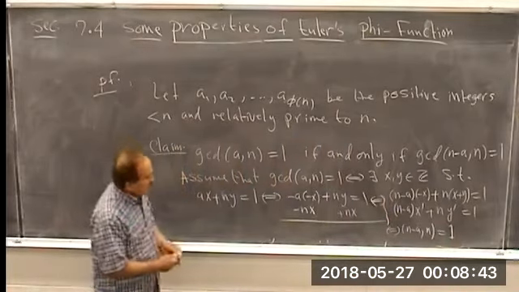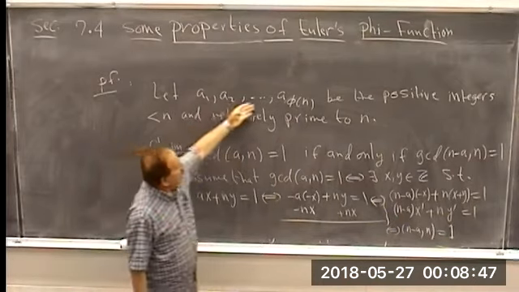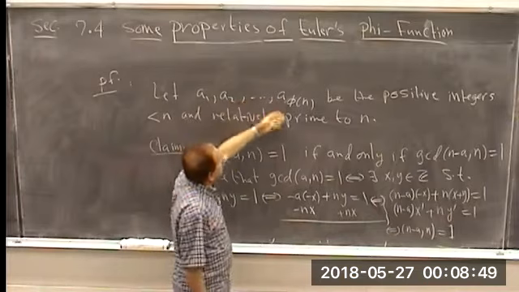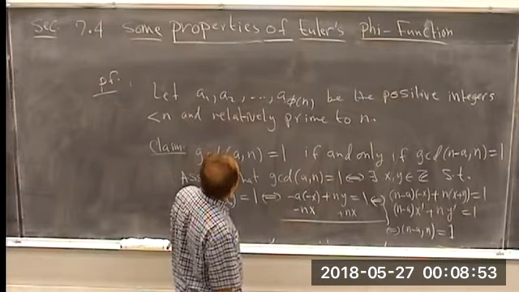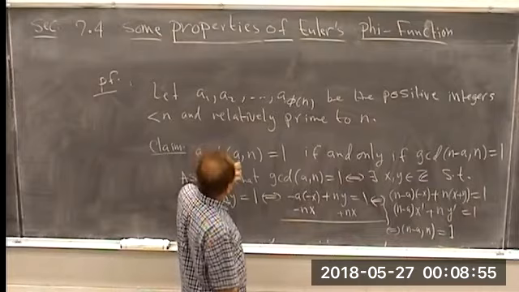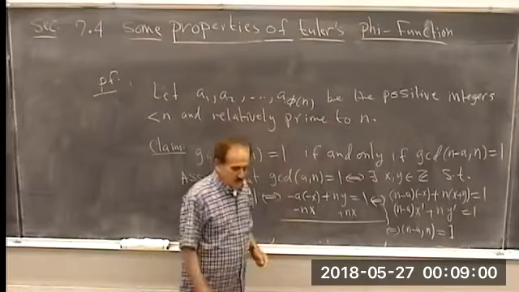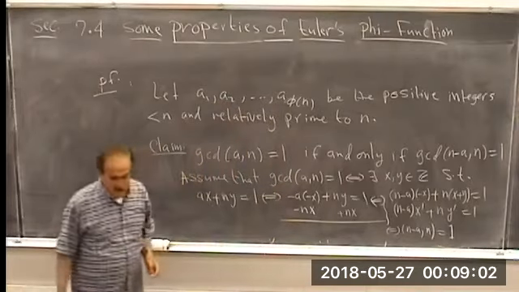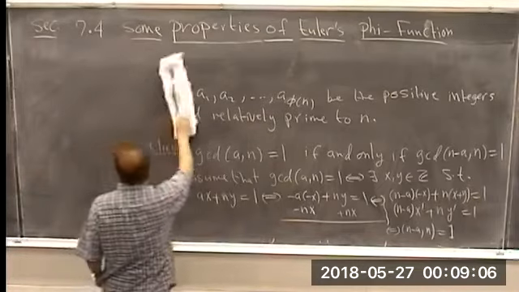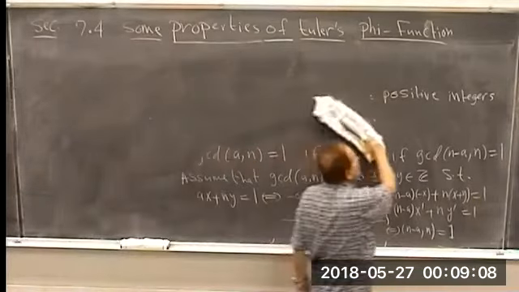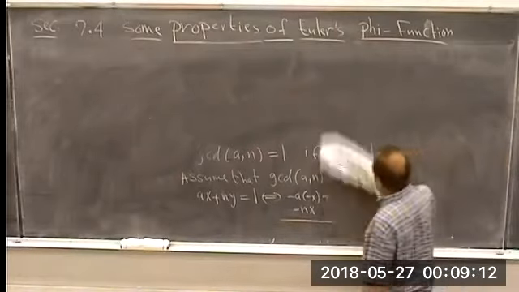All right, now remember the elements of the reduced residue system mod n are going to be relatively prime to n. Then when I take n minus each one of them, this also becomes a reduced residue system, if they are relatively prime and not congruent to each other, which I'm going to show in a minute.